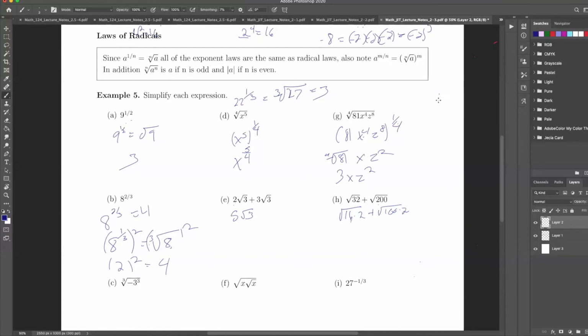And what do I mean by perfect squares? It'd be 1, 4, 9, 16, 25, 36. Gee, I can't remember what 7 times 7 is anymore. Function brain.